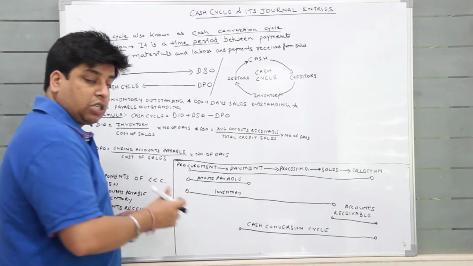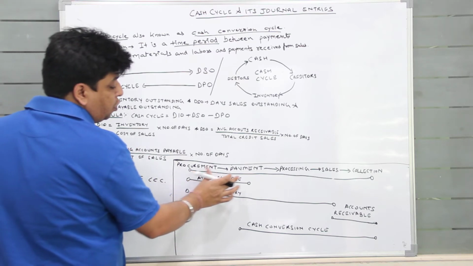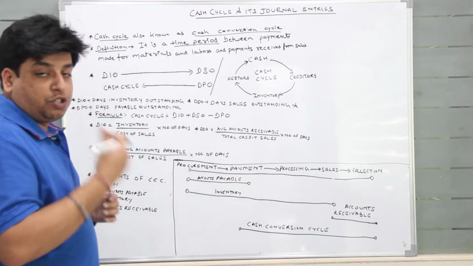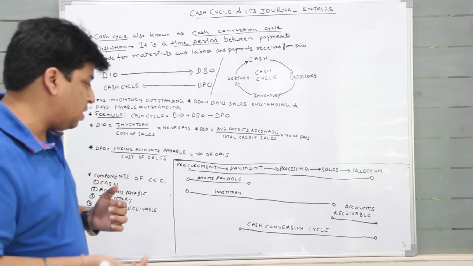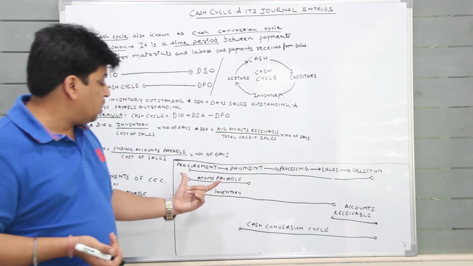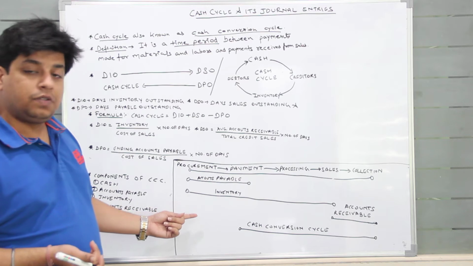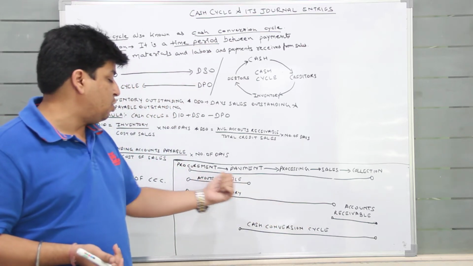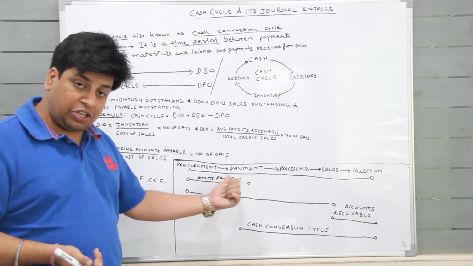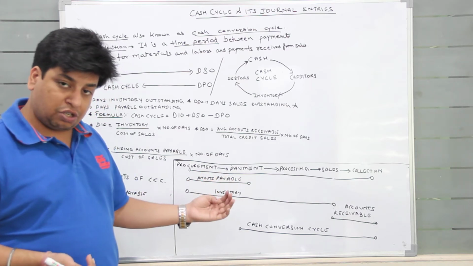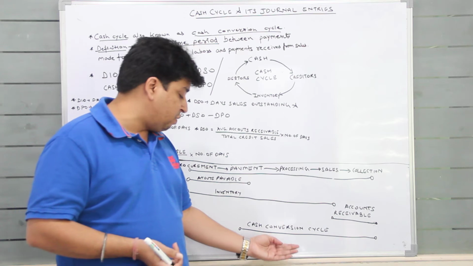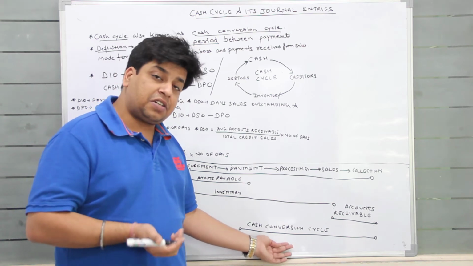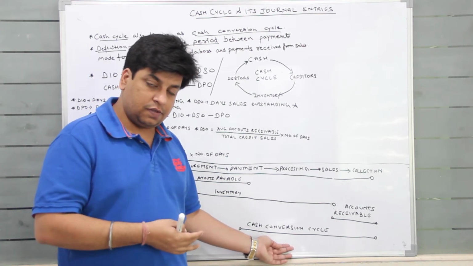But since cash doesn't play any role between procurement and payment, because the role of cash starts only after payment, if we remove this accounts payable after adding these two, if we remove this procurement to payment duration, that is accounts payable duration, what we will be getting is cash conversion cycle.